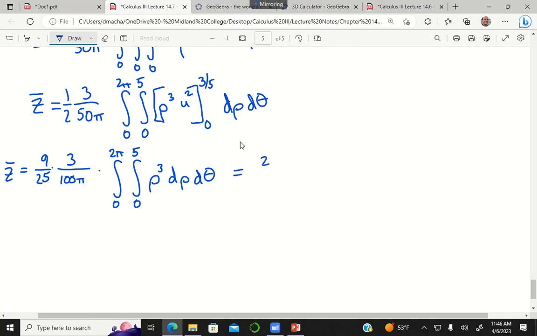So we've got 27 over 2500 pi times the integral from 0 to 2 pi. And now the antiderivative is rho to the 4th over 4, where we plug in 0 and 5. Obviously 0 doesn't matter.